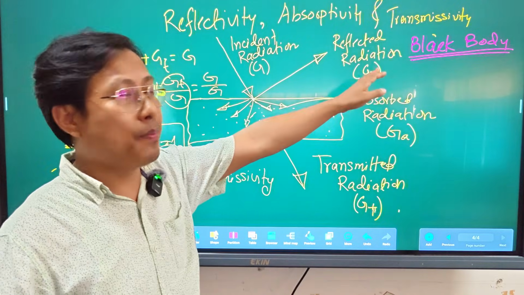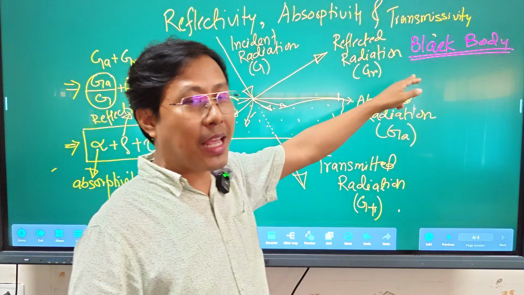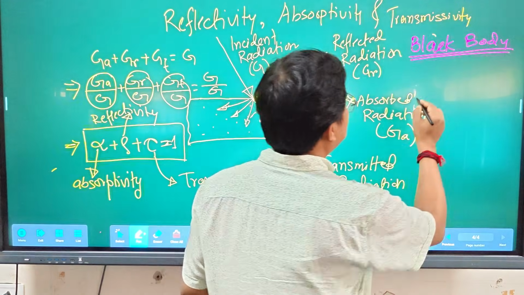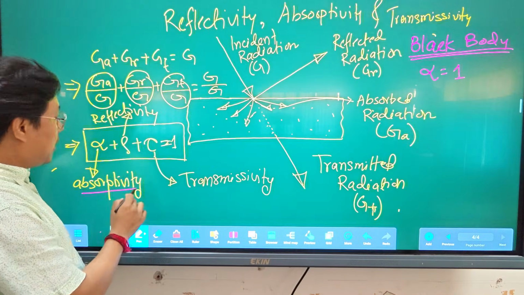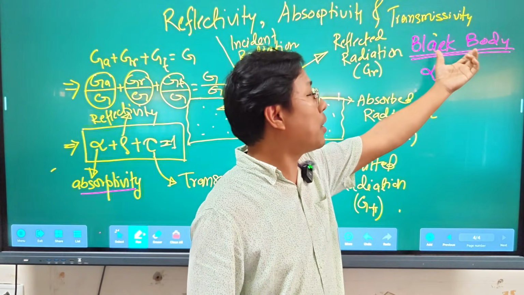The black body is the body or surface which absorbs all the incident radiation. When absorptivity is 1, then this body will be called a black body.